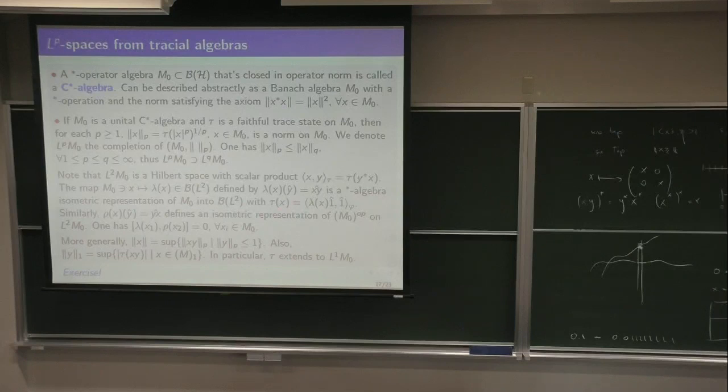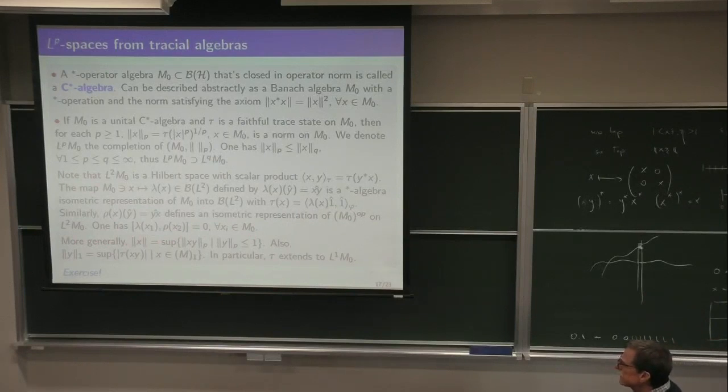Okay, it's isometric. That's because of the faithfulness. This is all exercise, and you also have the multiplication from the right, row of x, which is a representation of M0 op on L2, and the two of them commute.